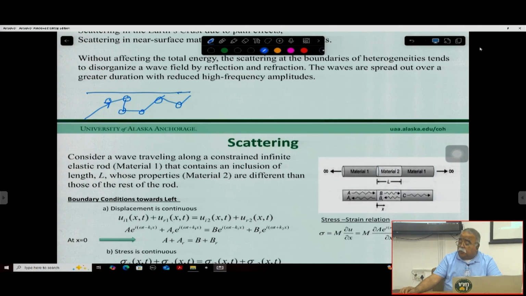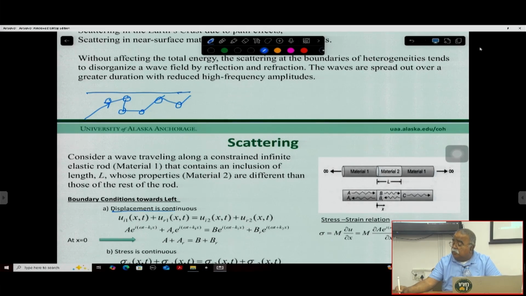Now, the main thing is that across the boundary the displacement is continuous, right? That's always the case, because the amount of displacement produced by this part will be the same as the amount of displacement produced in the next part, because that way there is no accumulation of stresses at any boundary. So the displacement is therefore continuous.